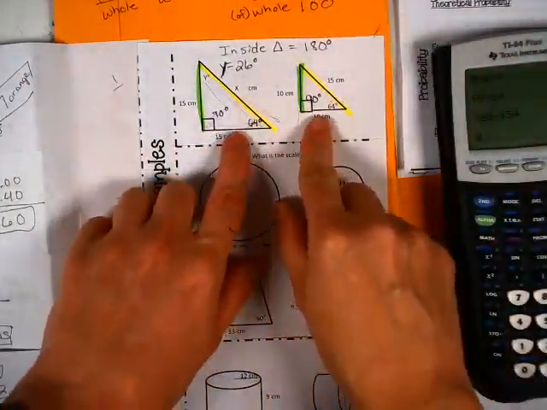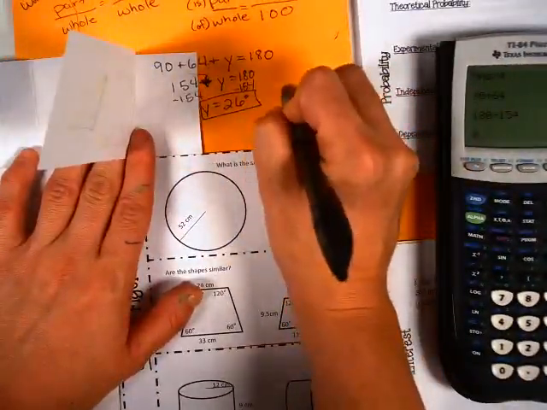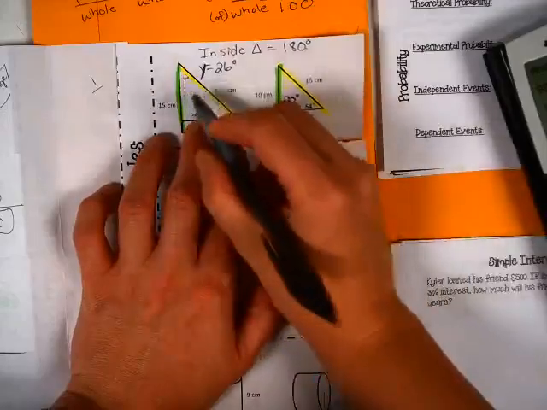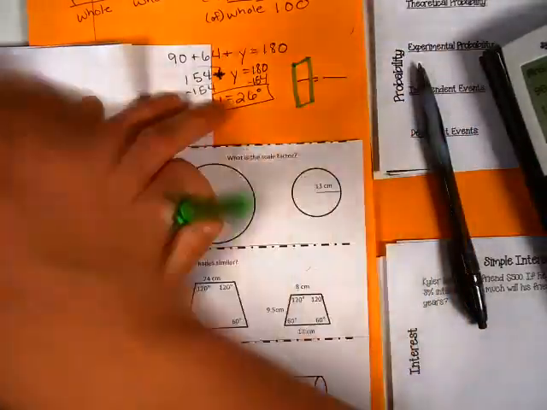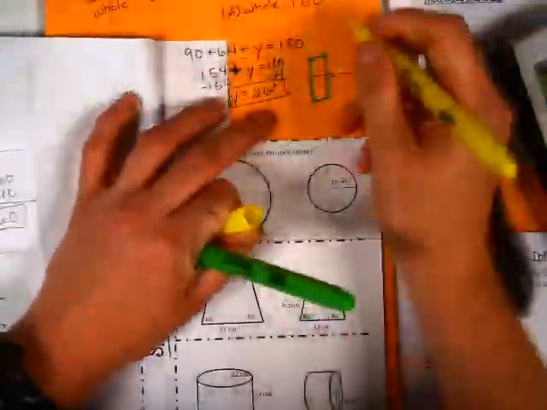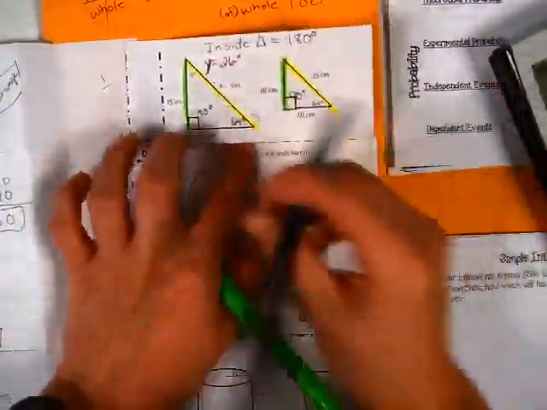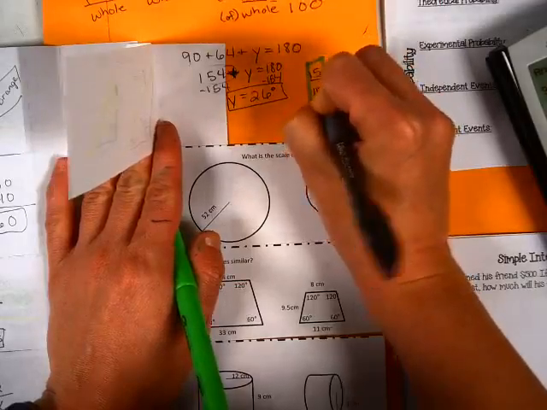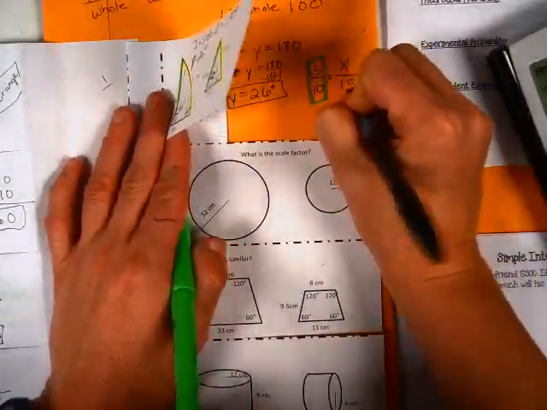I don't even need these. They're useless to me. So, coming over here, I'm kind of running out of room. I'm going to do my green. And these are going to be my yellows. All right, so 15 and 10 over x and 15.